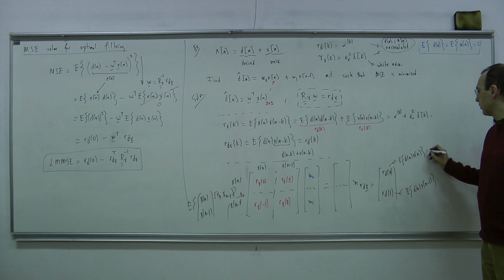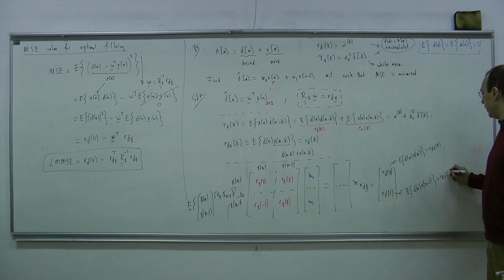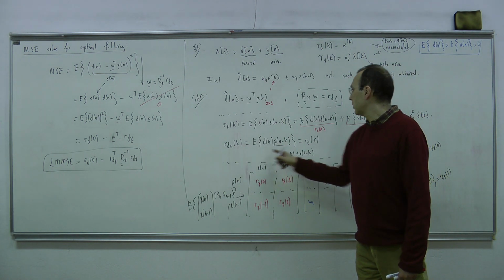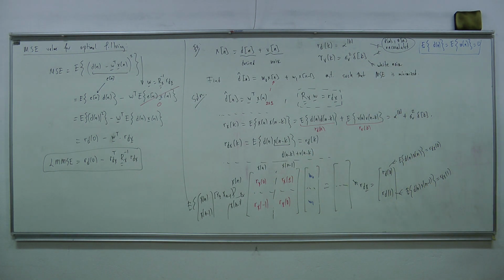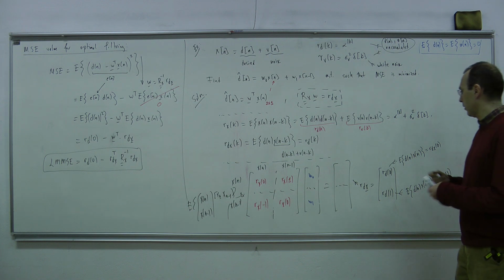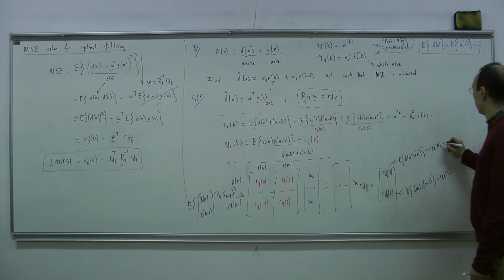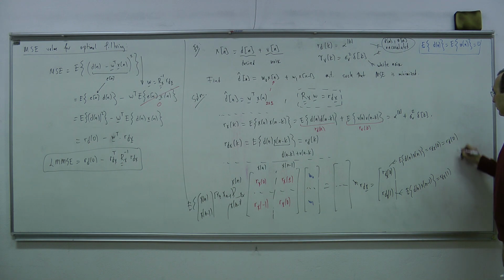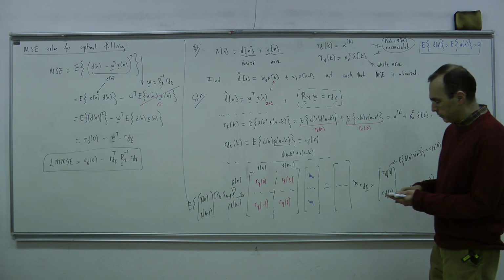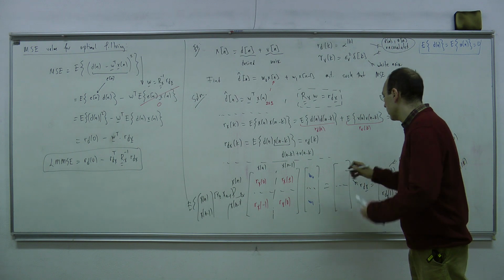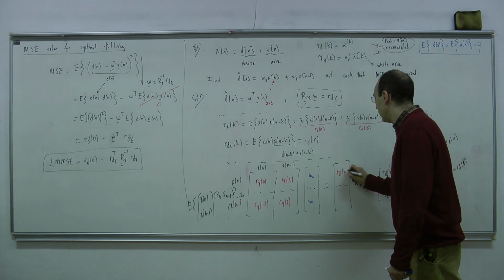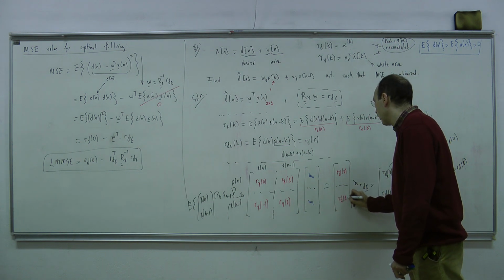And this is Rdx0, Rdx1. Rdx0 is this. If you wish, let me put it over here. Sorry, Rd of 1 over here. Then let me write with this: Rd of 0, Rd of 1.